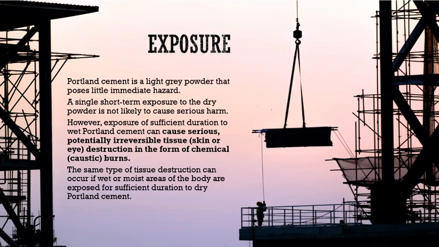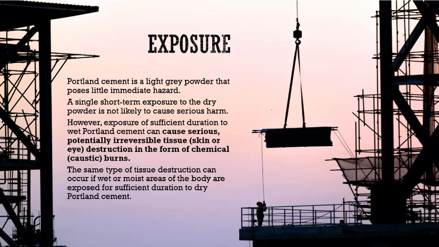But exposure of sufficient duration, so for a longer time period, to wet Portland cement can cause serious, potentially irreversible tissue destruction, which is skin and eye destruction in the form of chemical or caustic burns, because caustic soda is what is actually used in the construction of this type of cement.